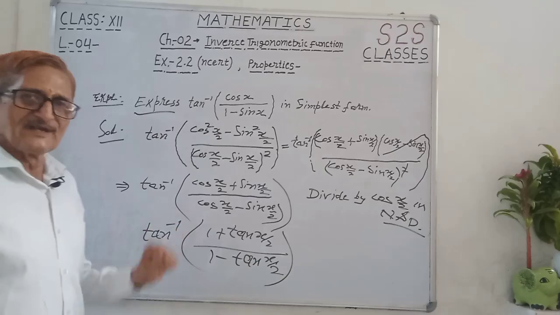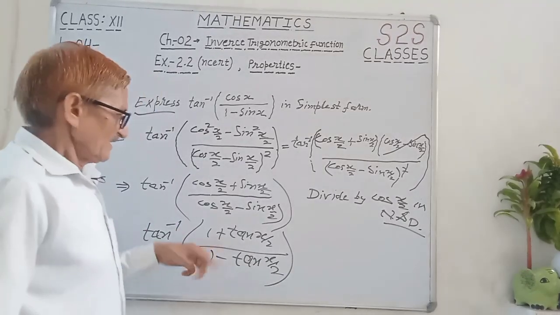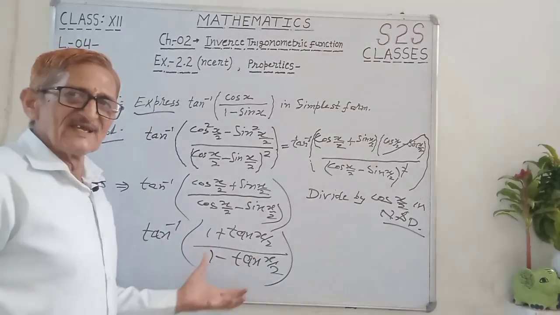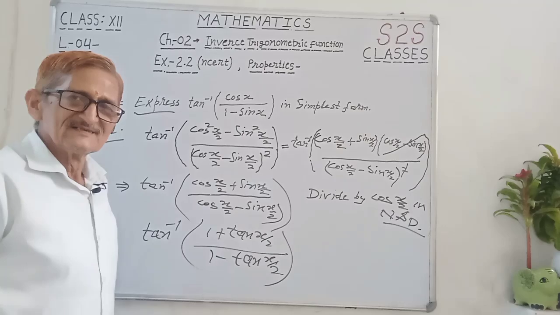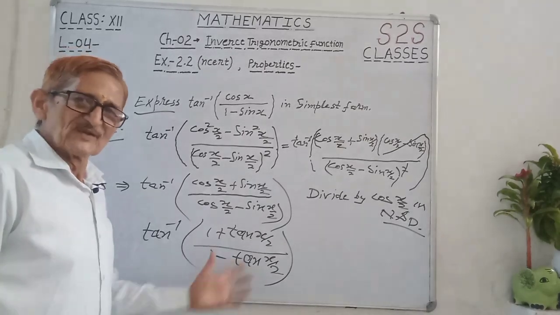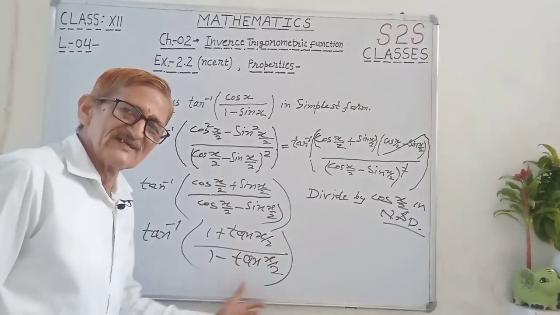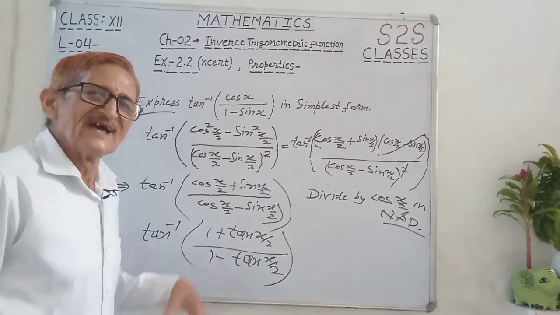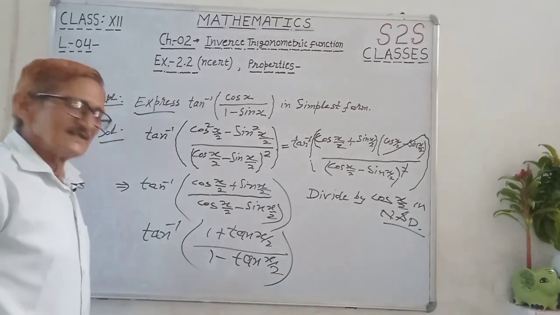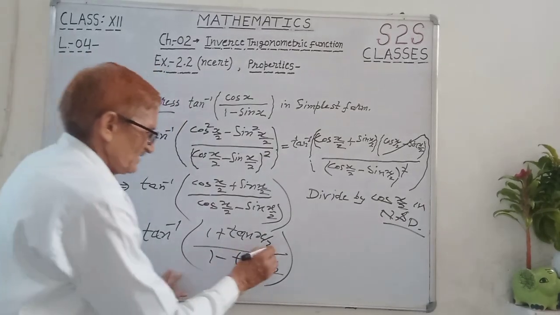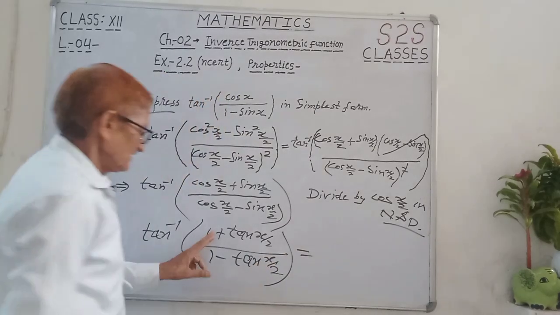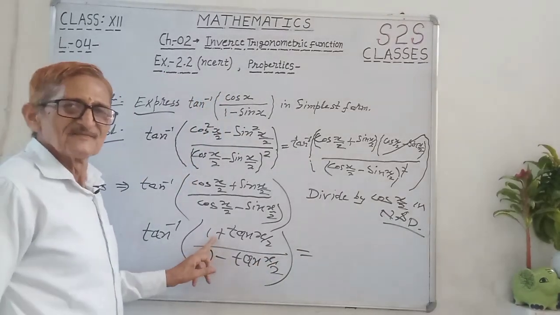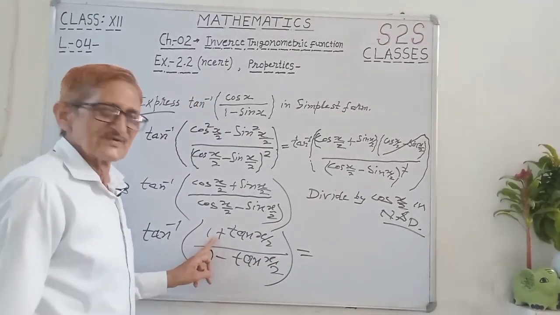Now here the tan formula is there: tan a plus tan b upon 1 minus tan a into tan b is tan a plus b. So what we have to use here is that this 1 is tan pi by 4.